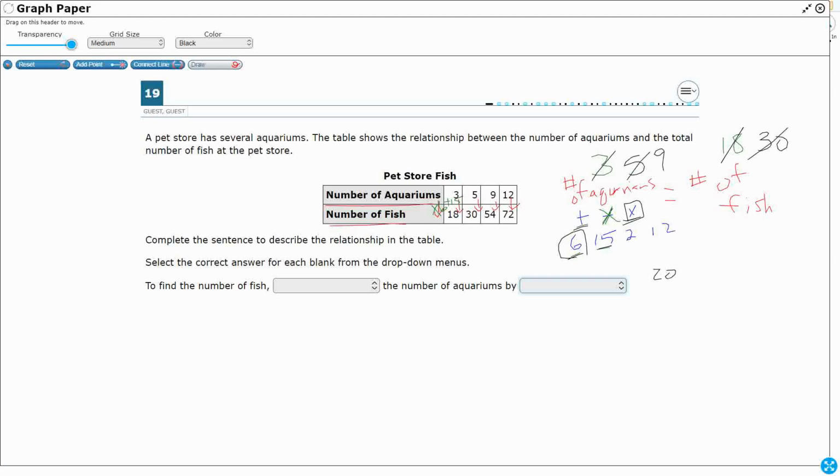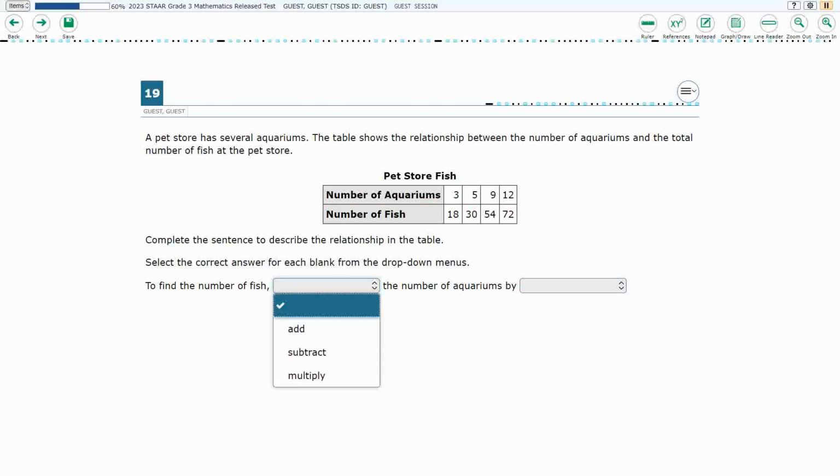I've got 9 gets me to 54. 9 times 6, yeah, that's a basic fact, gets me to 54. And then 12 times 6, does that get me to 72? If I don't have that fact memorized, I can multiply. That is going to be 72. All right, so it looks like we multiply the number of aquariums by 6.